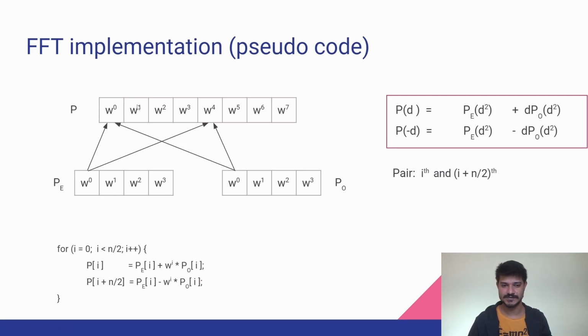If i is equal to 0, this will be evaluated as W raised to power 0, which is fine. But this is basically W raised to power 4. This needs to be evaluated on W raised to power 4. Why this negative sign, as well as why W is not raised to the power 4? Because W raised to power 0 and W raised to power 4 have the same values, just with the sign reversed.